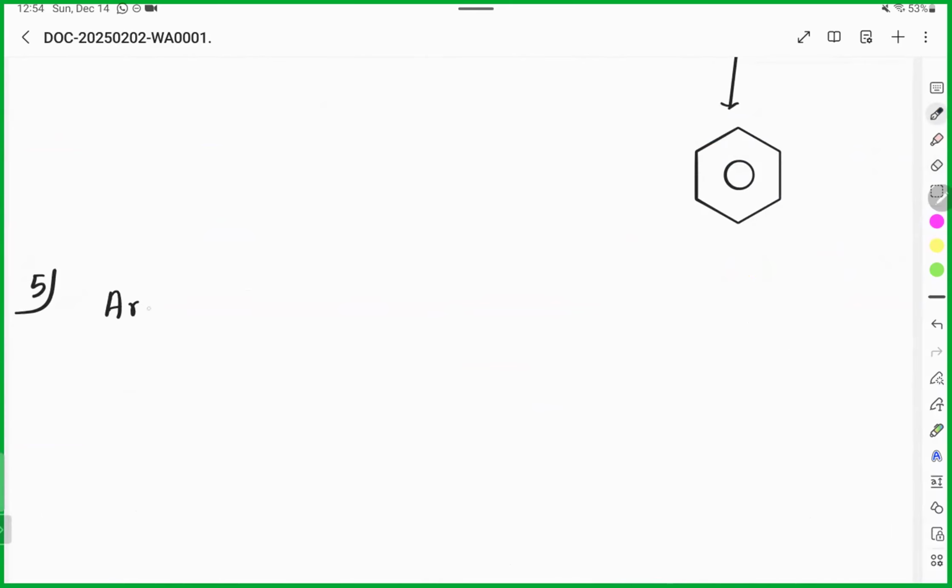You have benzene ring, diazonium salt, and if you add water to this, what will happen? We already did this reaction in phenol formation. You can take benzene ring with alcohol plus N2 plus HCl, right?